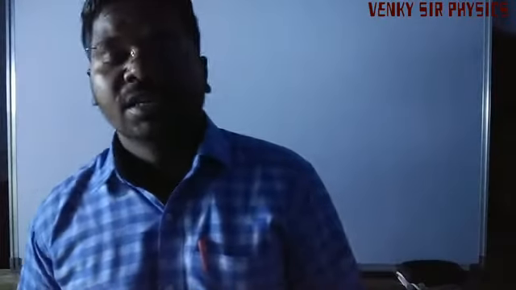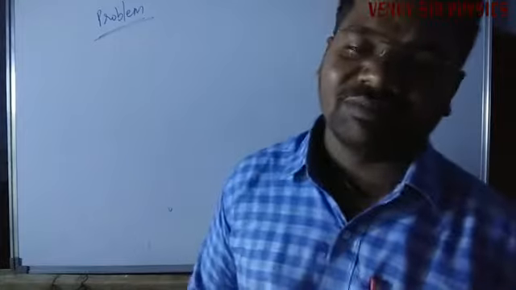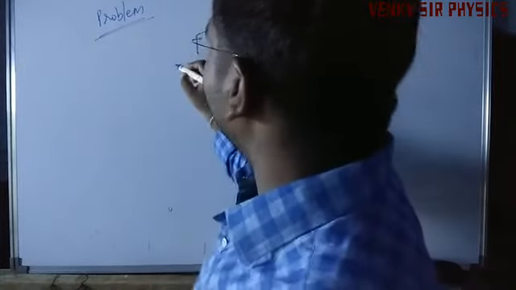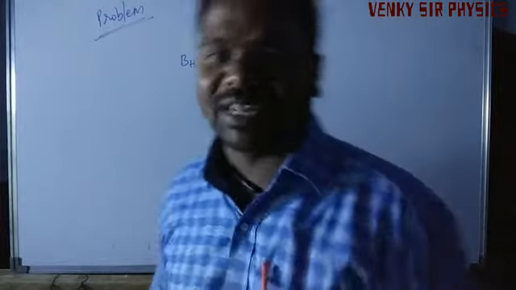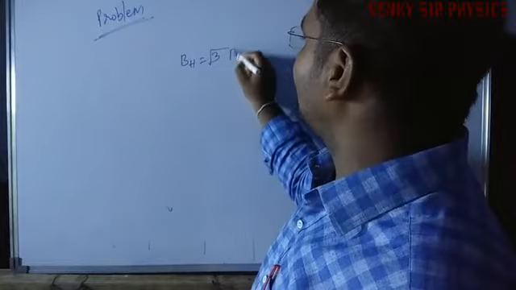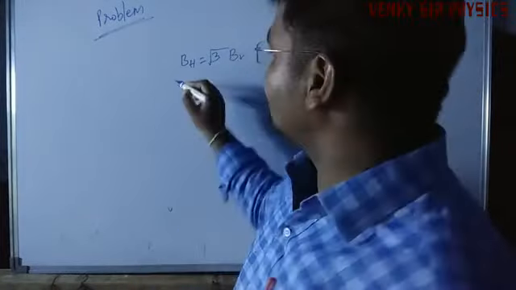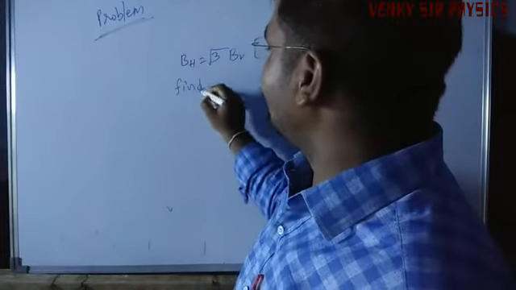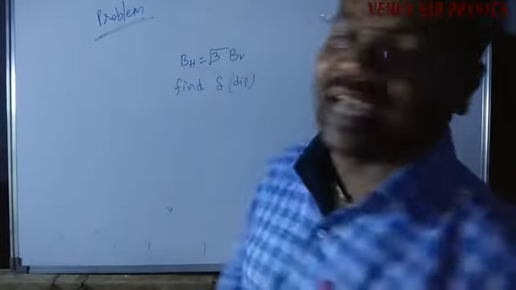Coming to the problem, in this problem they have given BH is equal to root 3 times BV. Okay, given horizontal component of earth's magnetism is root 3 times the vertical component of earth's magnetism. So in this case find the dip angle.